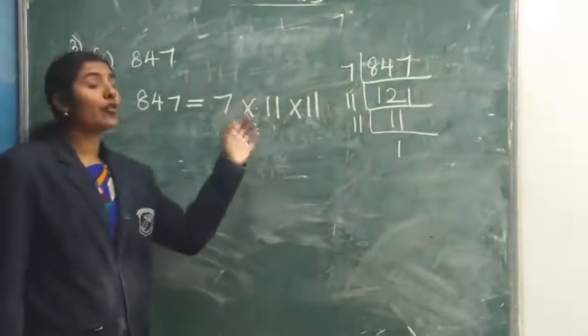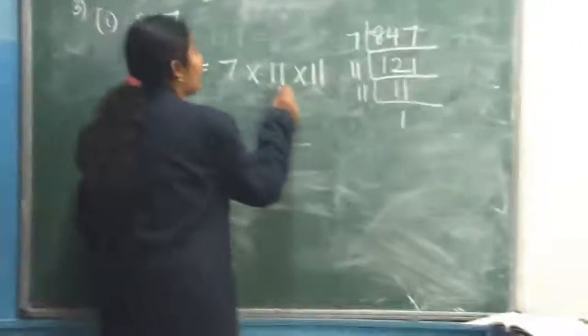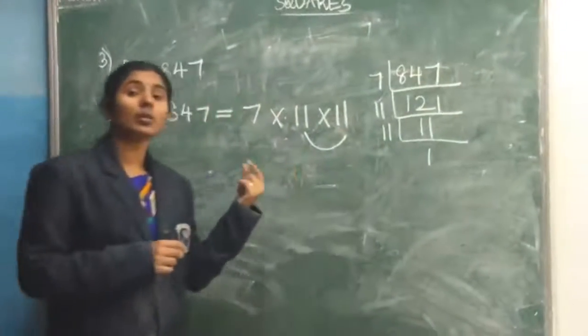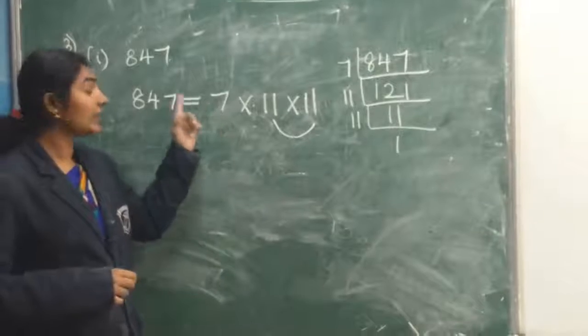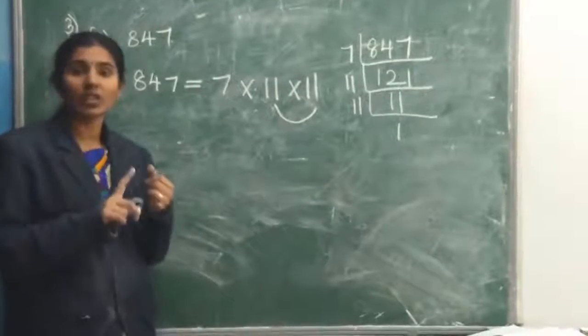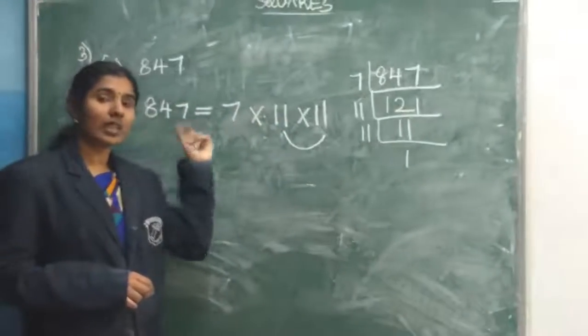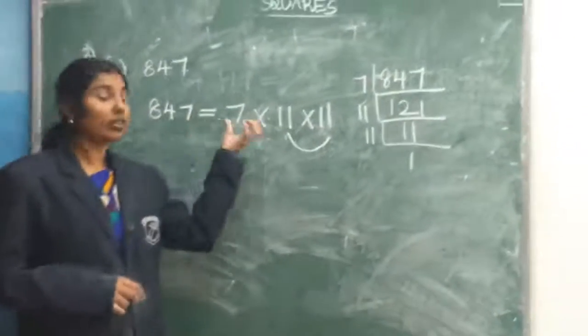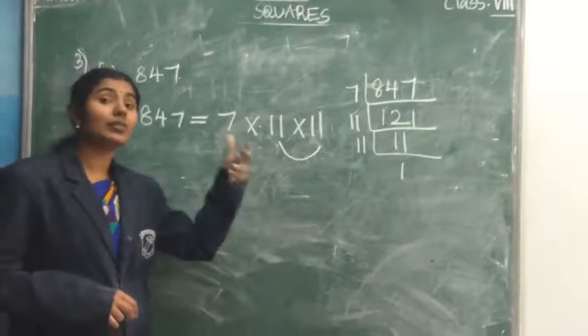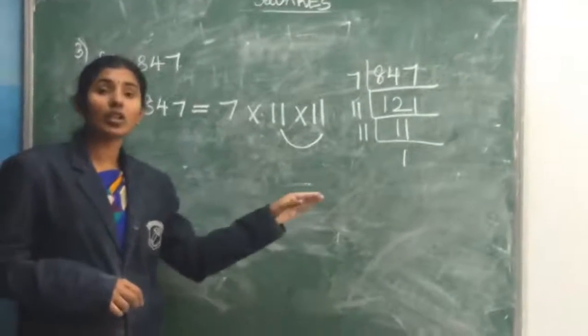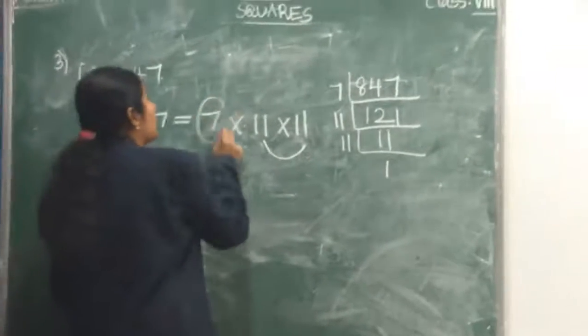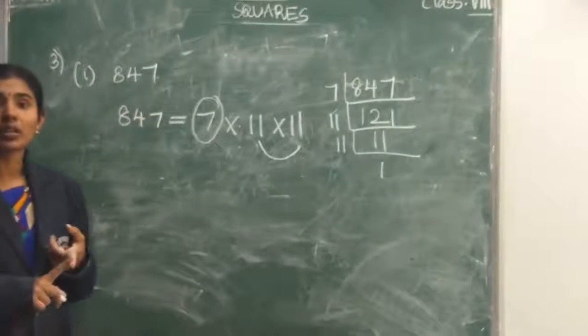And see the pairs of numbers. Here only 11 is coming in a pair. 7 is coming only one time. Isn't it? So this one is not a perfect square. If each number comes in a pair, then we can say that number is a perfect square. For 7, it is coming one time only.